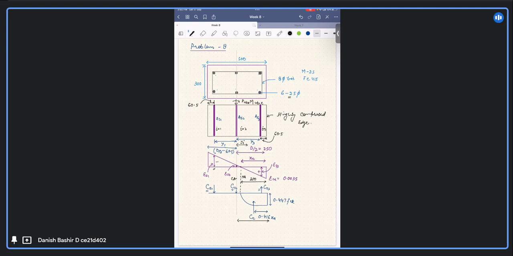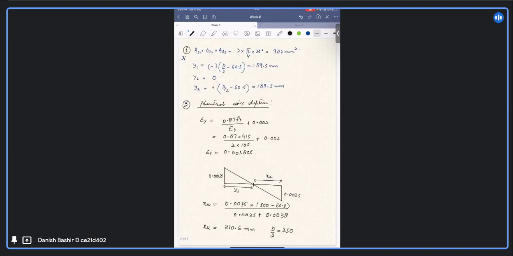That's why in the figure I showed it slightly away from the centroidal axis. So we got the balanced depth of the neutral axis, xu,b.